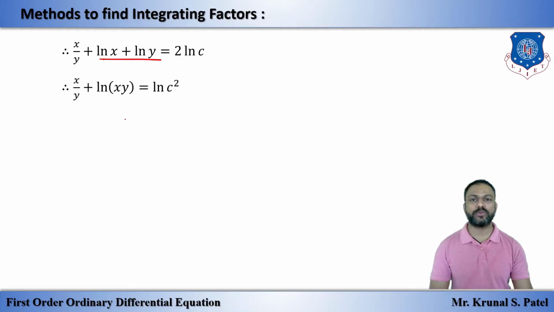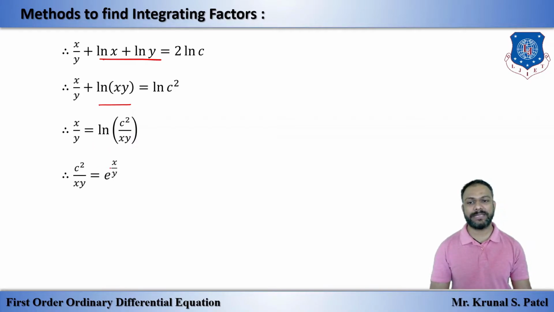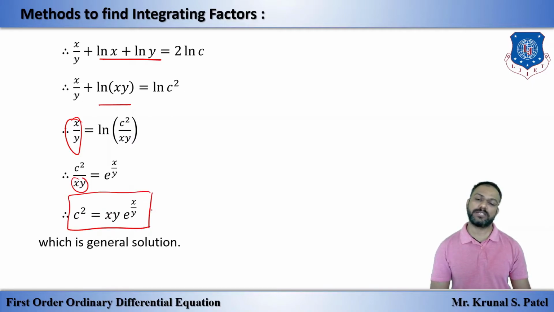By using the logarithm rule, taking log xy on the left hand side, we have ln c square minus ln xy. Taking antilog on both sides, we have e raised to this term, and taking this term on the right hand side, we have this. This is our final general solution.